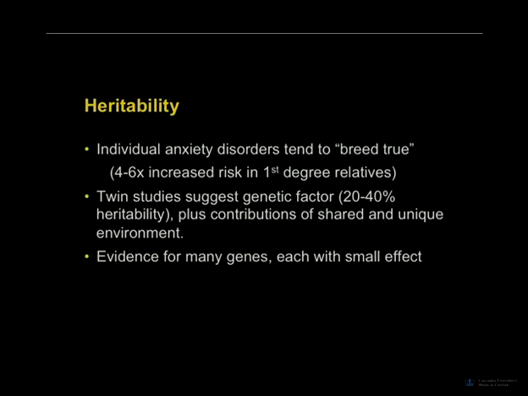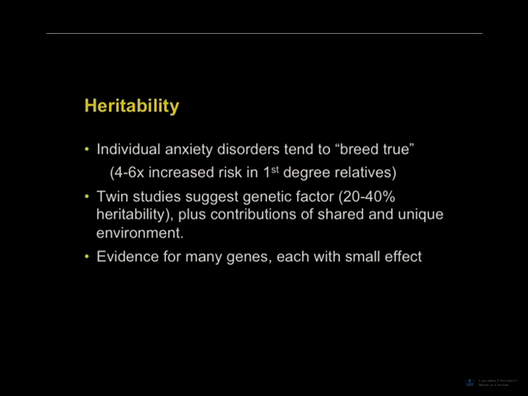There are also important contributions of environment, both shared environment, meaning familial environment shared with siblings, and unique environment, anything from life events to situations with peers. We don't know which genes are most important.